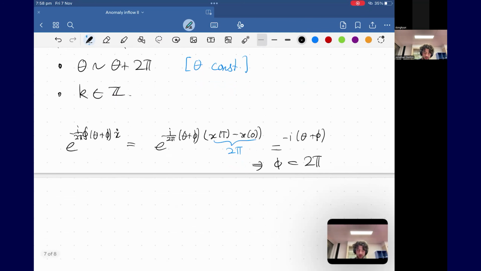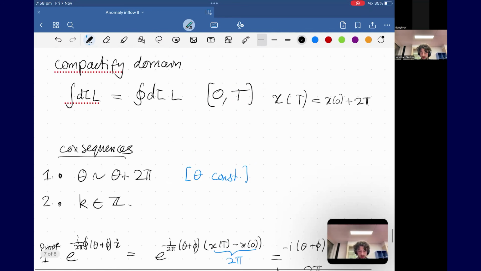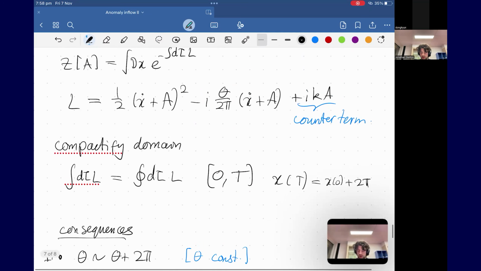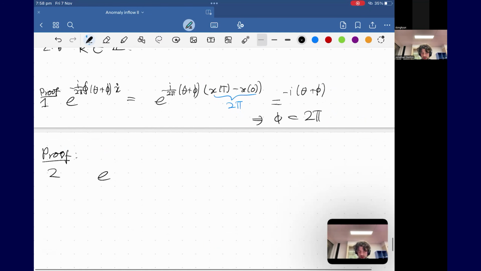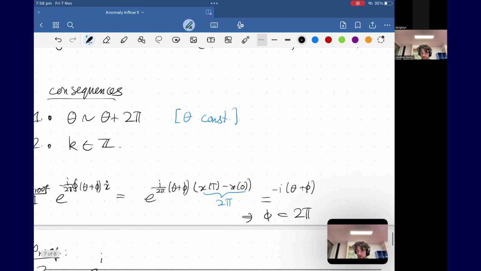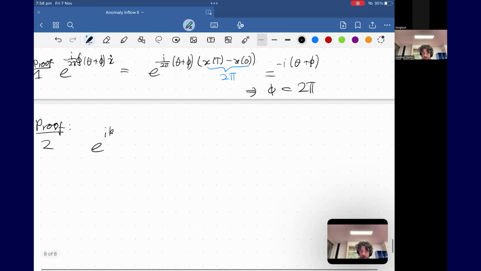Okay, so let me do this as 1, 2, and then this is proof of 1. And then let me just show the second one. Okay, so we were integrating this term here. So we have e to the i, did I do plus? Yeah. ik, so these are going to be integers we can bring out, a.